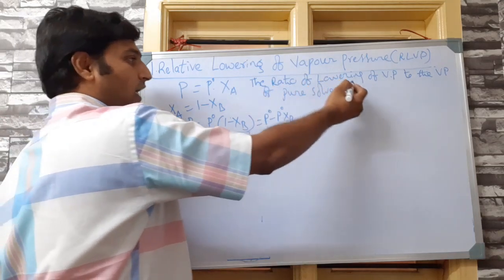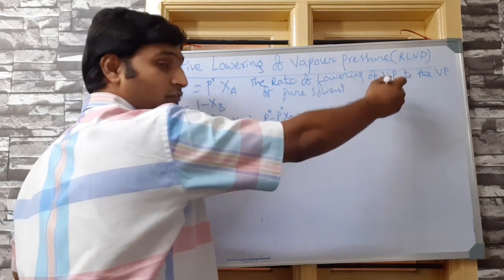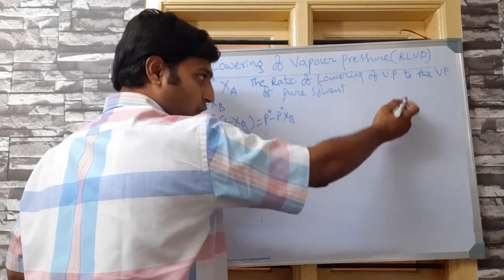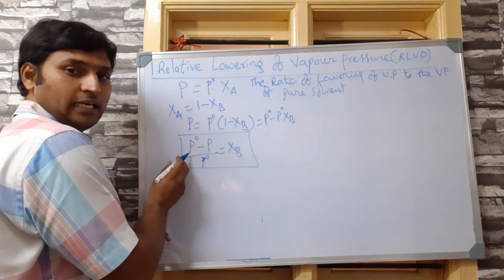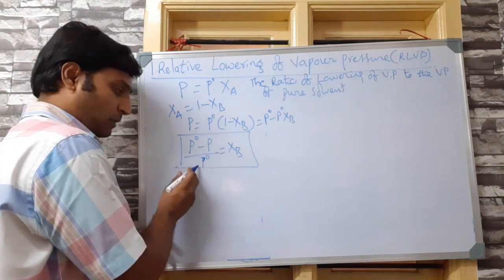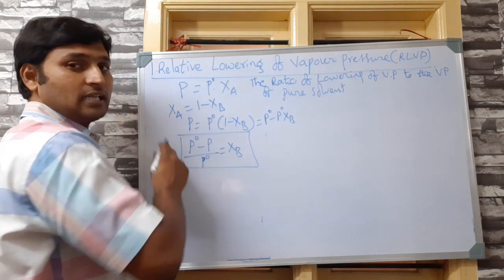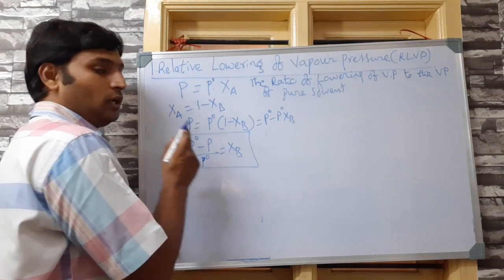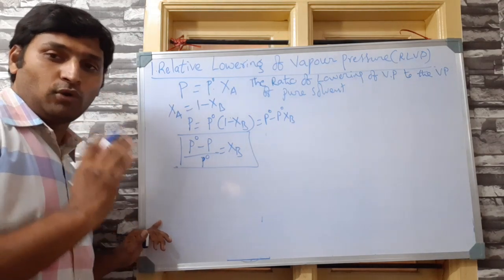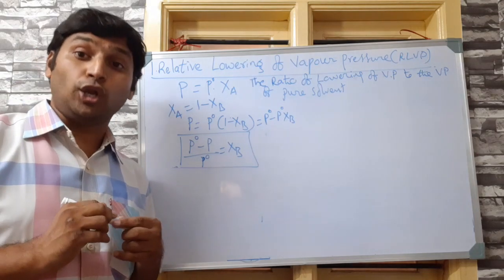The ratio of lowering of vapor pressure upon the addition of a non-volatile solid solute to the vapor pressure of pure solvent. Mathematically it is represented as (P0 minus P) by P0, and from Raoult's law we have understood that (P0 minus P) by P0 is equal to XB, the mole fraction of solute.